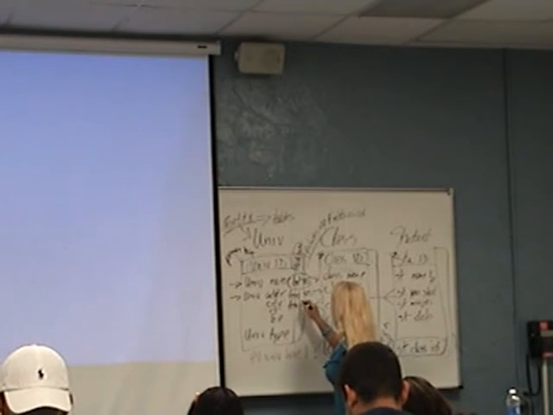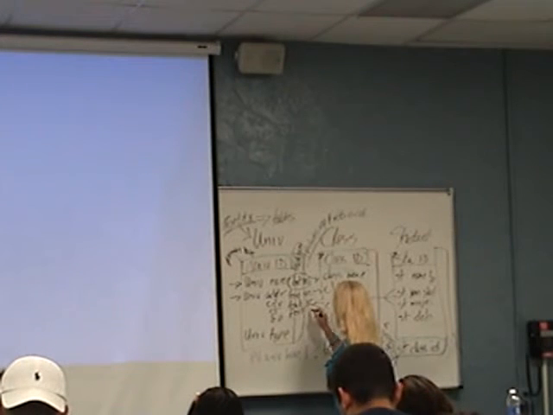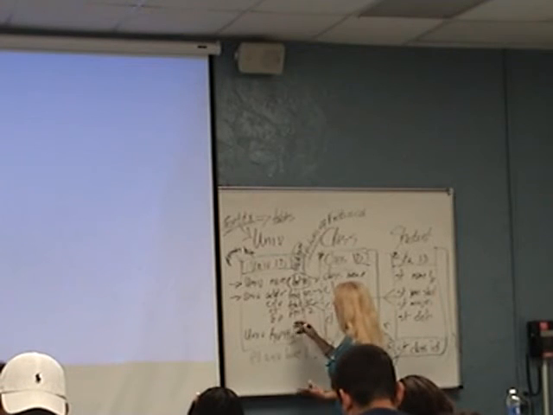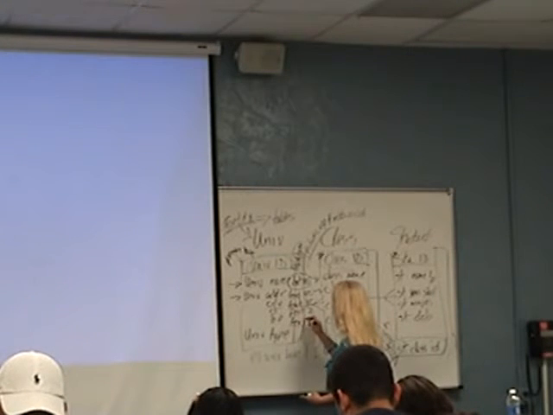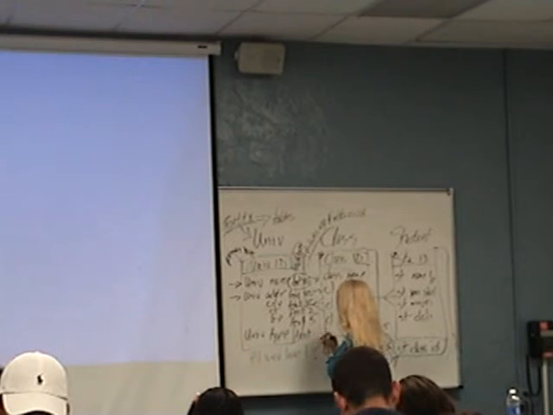City, 30. State, 2. Zip, even though it's a number, we're going to say it's text, 5. And university type is also text, I don't know, 20.